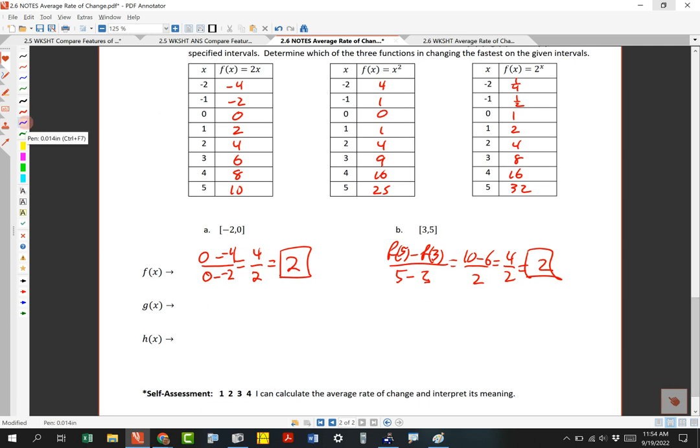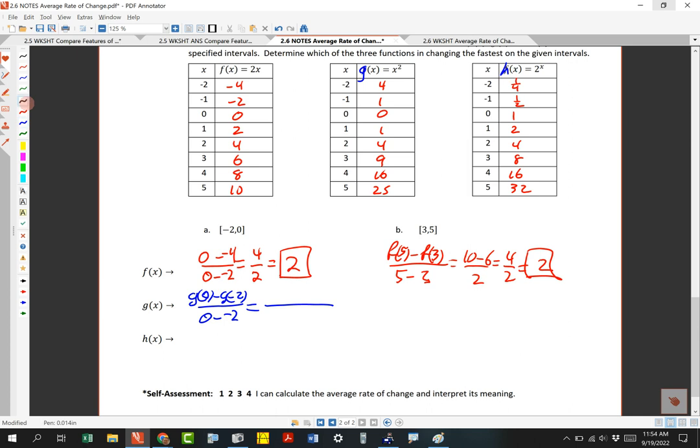Okay, next one. We're going to find the average rate of change for g of x on negative 2 to 0. So that's going to be 0 minus minus 2, and it's going to be g of 0 minus g of negative 2. Whoops, this should have a g on it, shouldn't it? And this should have an h on it. Sorry about that.